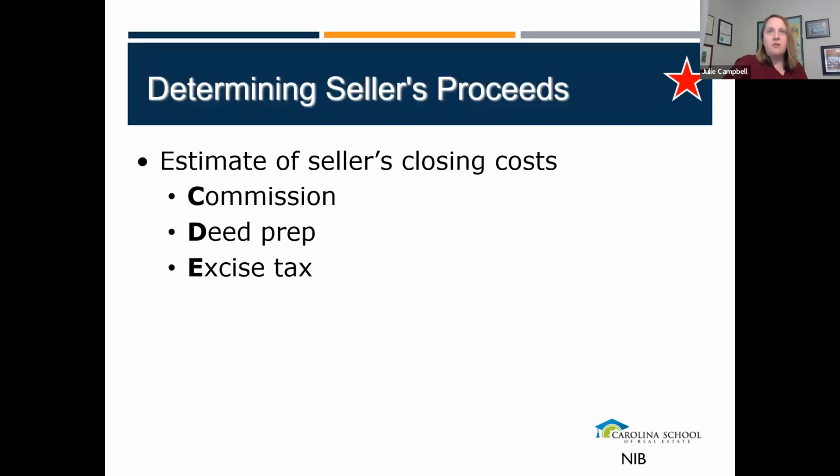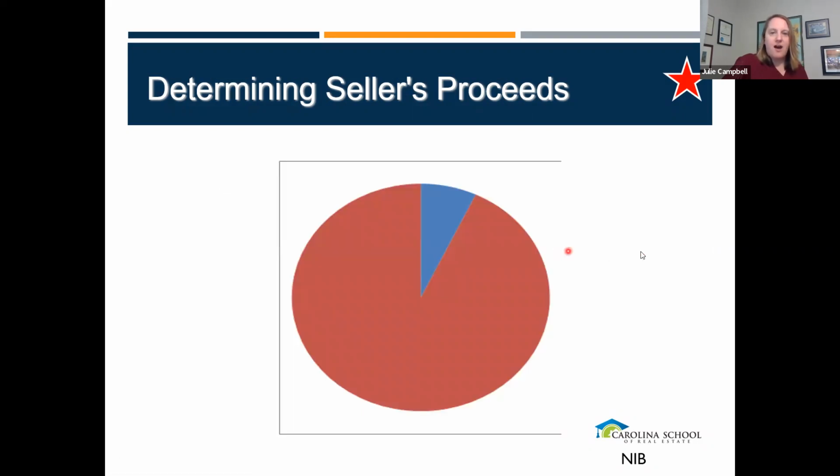When it comes to seller net and helping them figure out, I like to think about pie. Let's talk about pie. When I'm trying to determine the seller's portion, how much from the sales is the seller going to get to pay their expenses, to pay CDE, to pay their liens, etc. If we think about pie, the entire pie represents the sales price.